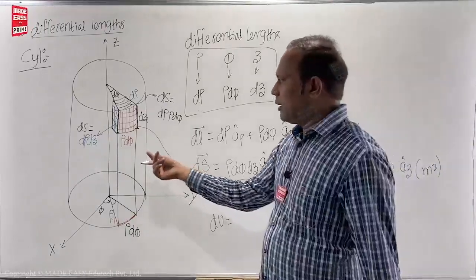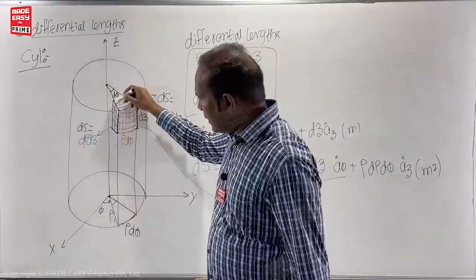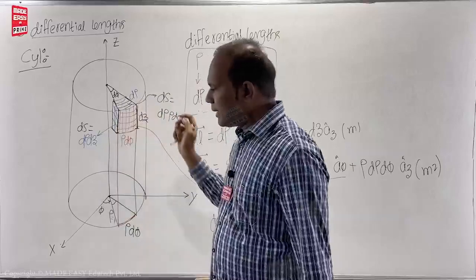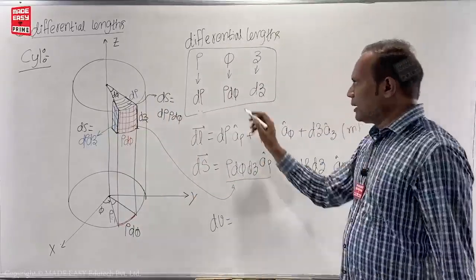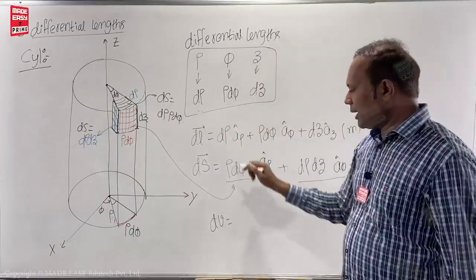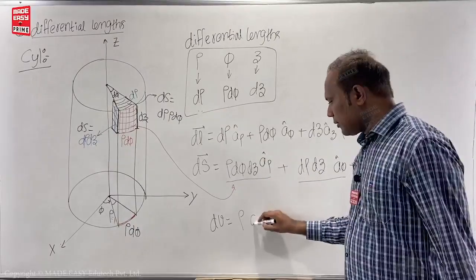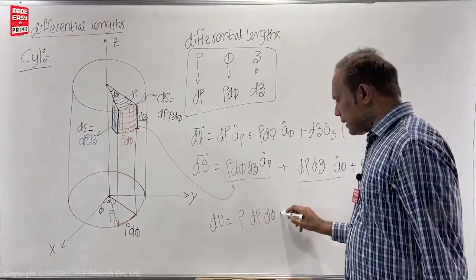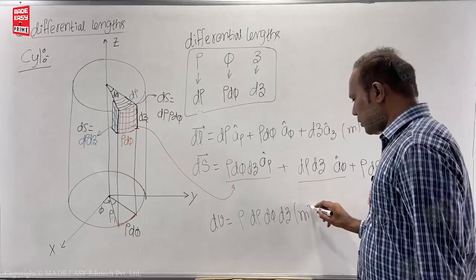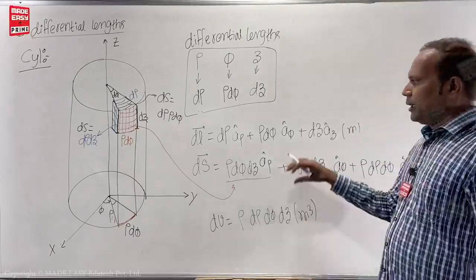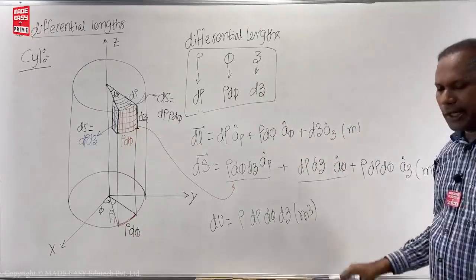Here you have length, here width, here height. You have to multiply all of them. So you write rho, then d rho, then d phi, then dz, in meter cube. If you remember them, you can easily write them.